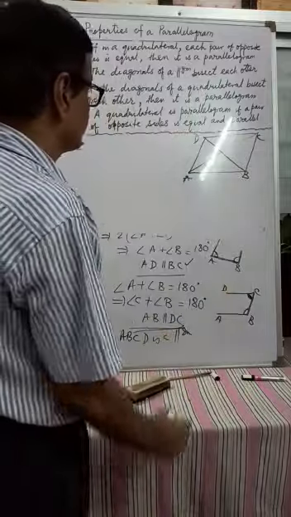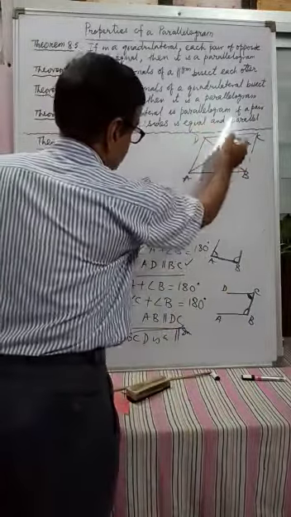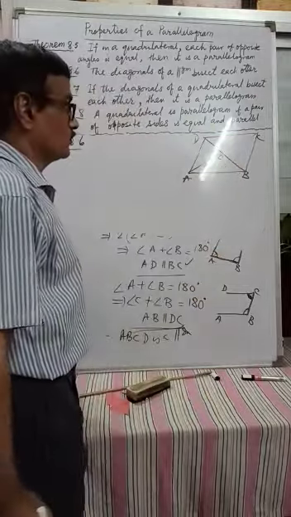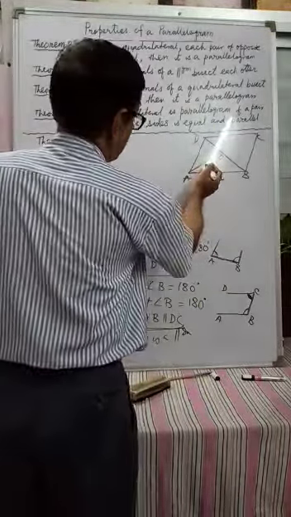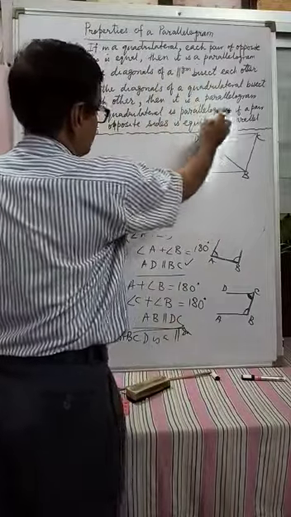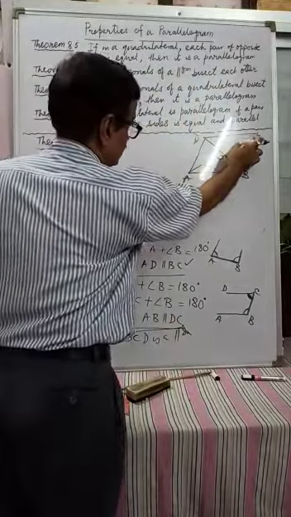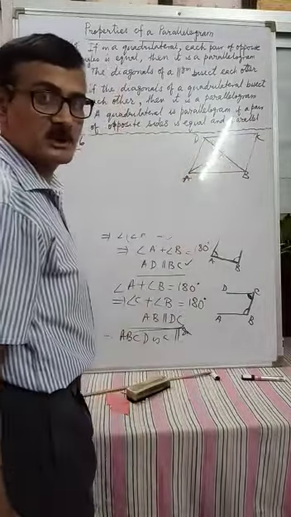We have to prove they bisect each other. Suppose these two diagonals intersect at O. That means we have to prove OA is equal to OC and OB is equal to OD.